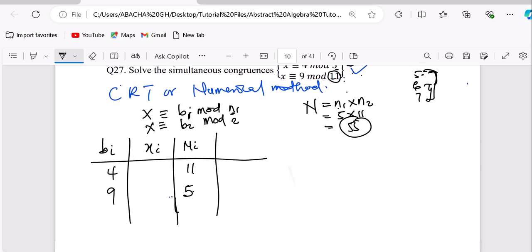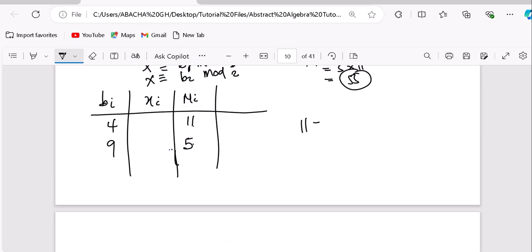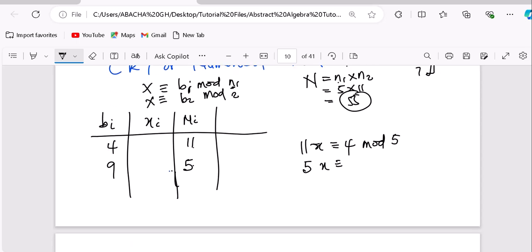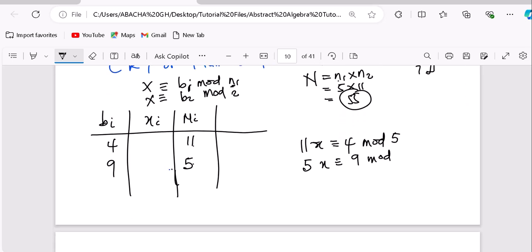So I'll write 11x is congruent to 4 mod 5, and then 5x is congruent to 9 mod 11.